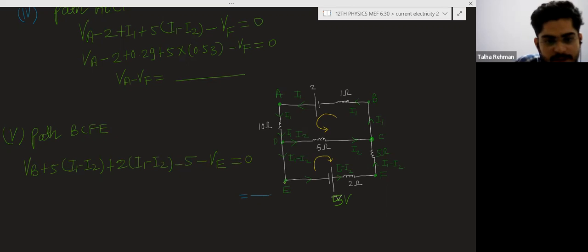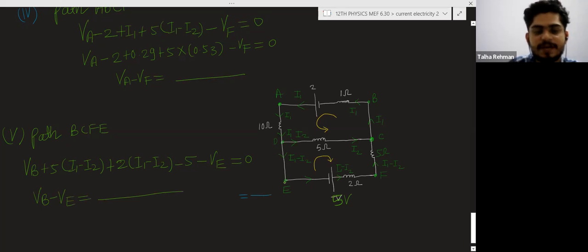So from here you can find the potential difference between B and E. All the values you already have. I1 minus I2 you have. You can calculate it. Okay, can you calculate it now? All of you? Okay, sir.